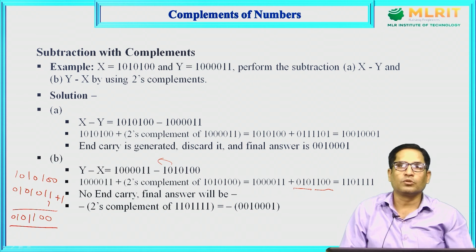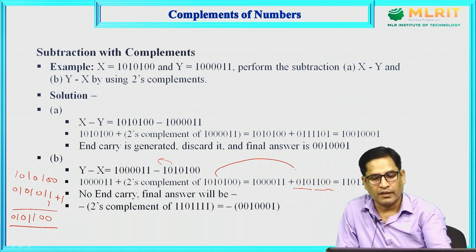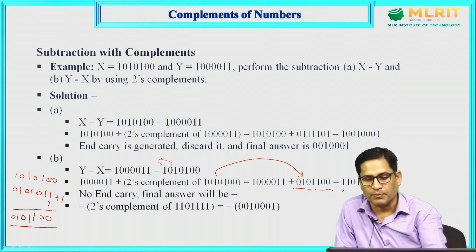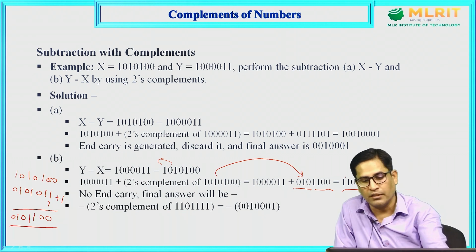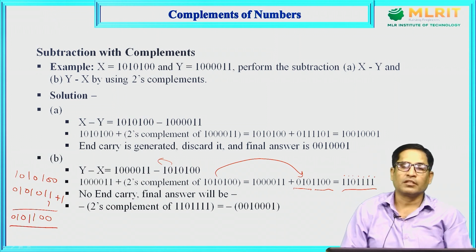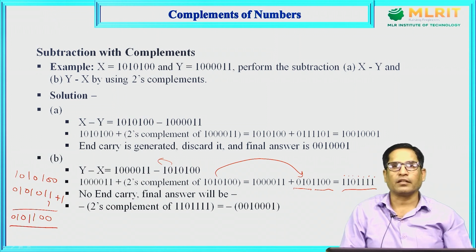This is the 2's complement of the number x, and we simply add this particular one. Please note that here we again have 7 digits. This makes it clear that no end carry is generated.